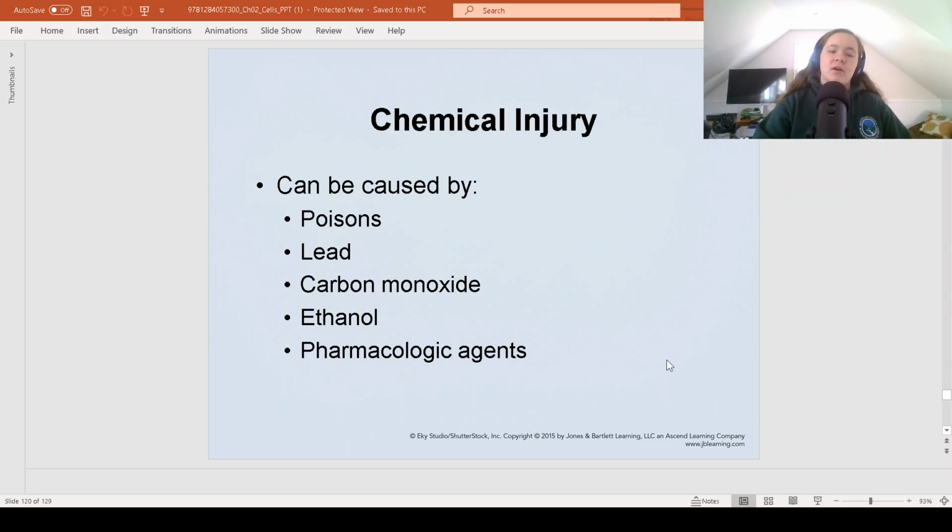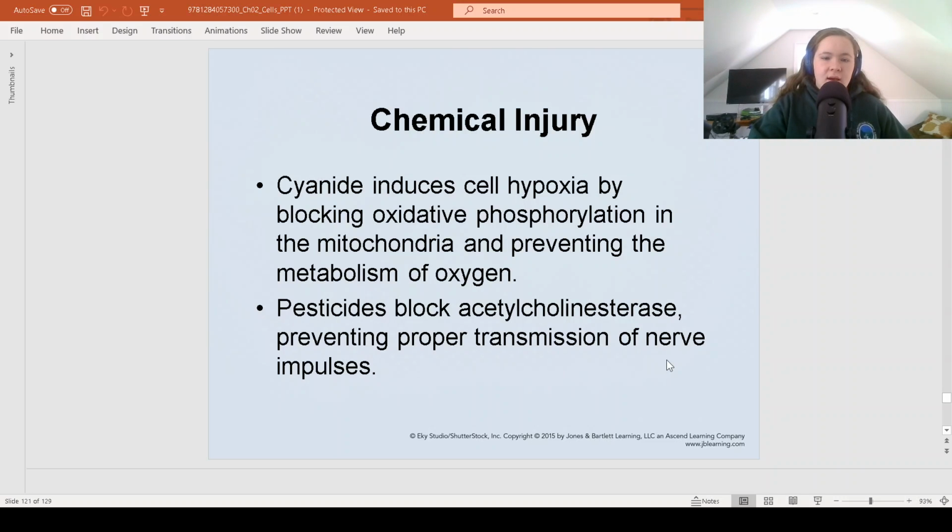Chemical injury may be caused by poisons, lead, carbon monoxide, ethanol, pharmacologic agents, or technically radiation is also a chemical injury. Cyanide induces cell hypoxia by blocking oxidative phosphorylation in the mitochondria and preventing metabolism of oxygen.